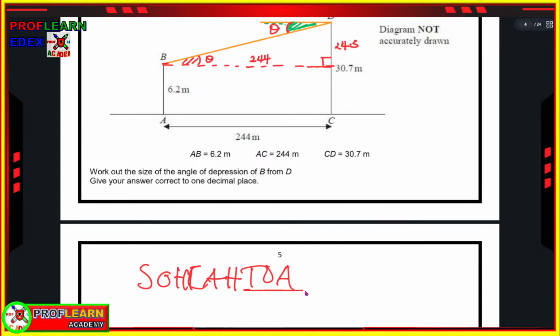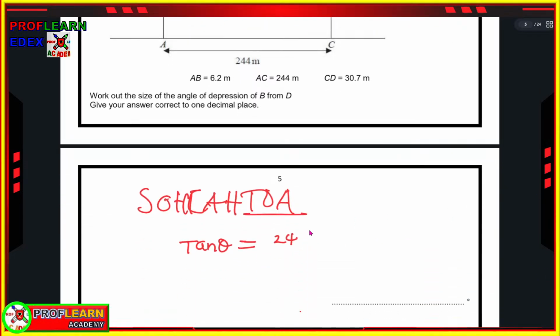Adjacent and opposite, that is tan. So we are going to say tan theta is equal to opposite, which is 24.5, over 244.